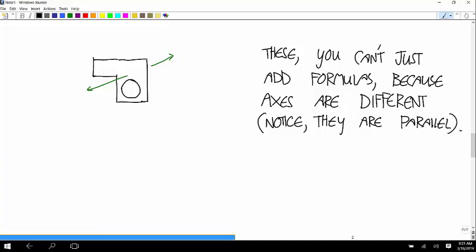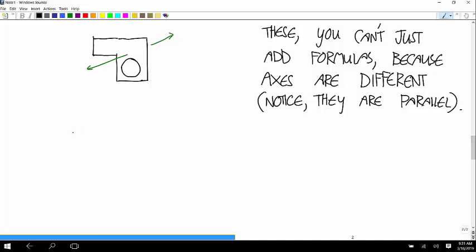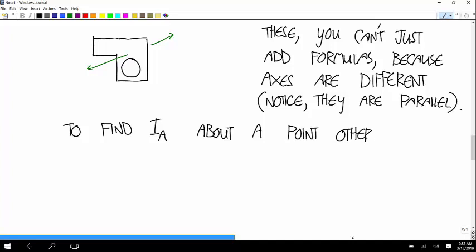So the fix for that is the parallel axis theorem. To find the mass moment of inertia about a point other than the center of mass, we'll use the parallel axis theorem.